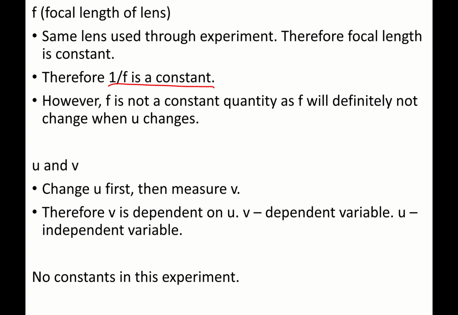But do know that f is not a constant quantity, because no matter how you change u, f is not going to change at all. The quantity that is to remain constant is something which you need not only measure, but you have to put in effort to make sure that it remains constant.